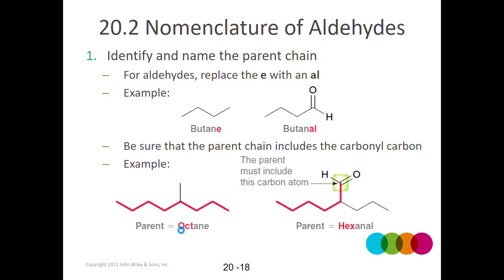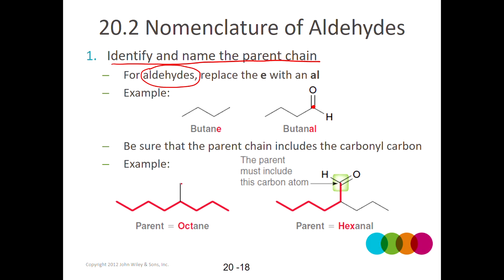So just like any new functional group that we haven't yet learned how to name by the IUPAC system, we want to talk about that for aldehydes and ketones. Aldehydes and ketones are named a little bit differently, but for the most part, we're just continuing with the same IUPAC rules that we've already talked about. The first step is always to identify and name the parent chain. When you have an aldehyde, you have to make sure that the aldehyde carbon is part of the parent chain.